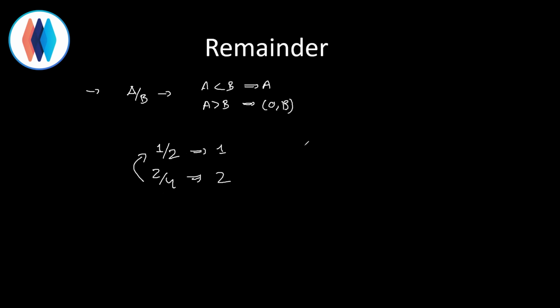Other than that, there are some problems which will ask you something like this. If minus 50 is divided by 7, what's the remainder? Since the remainder is always non-negative, we will not have this question done directly. If you do this, you will get a minus 1 here. But as you know, minus 1 could not be a remainder.